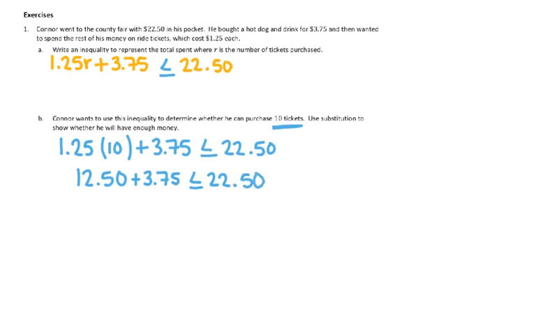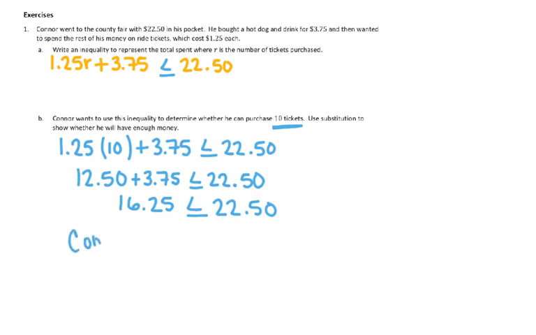And when we add up $12.50 plus $3.75, we get $16.25. And it is a true statement to say that $16.25 is less than or equal to $22.50. So that means that Connor will have enough money to buy 10 tickets.